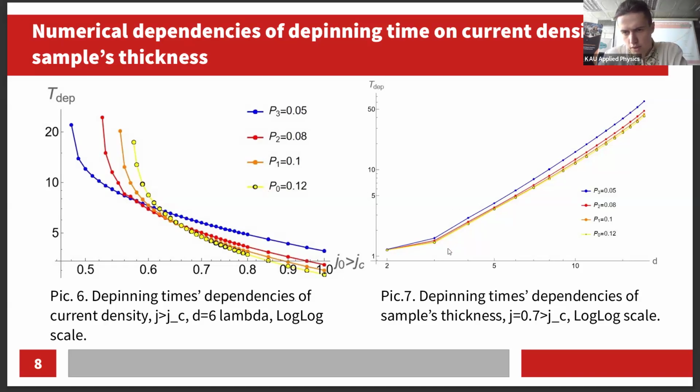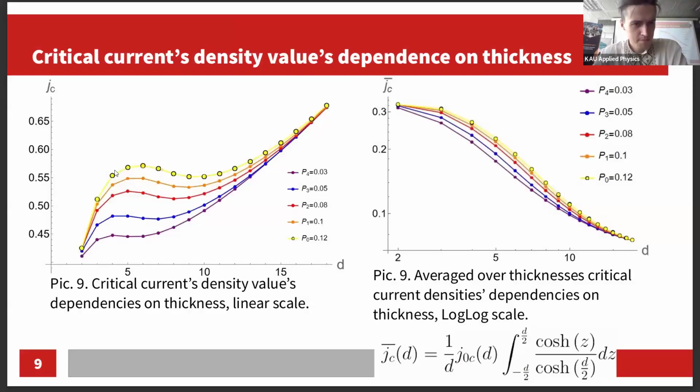The picture on the right shows the dependencies of the pinning time on the thickness of the sample, again for multiple linear tension coefficients. Both pictures are shown in double logarithmic scale. You can see that there is some effect which our material has on the pinning time, but we will get to that in a bit.